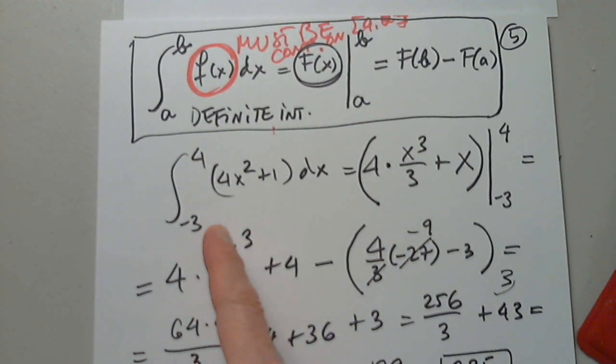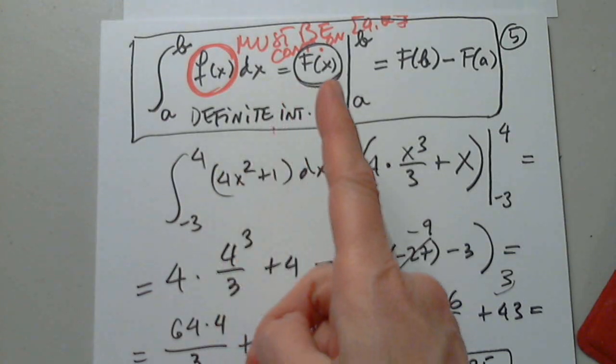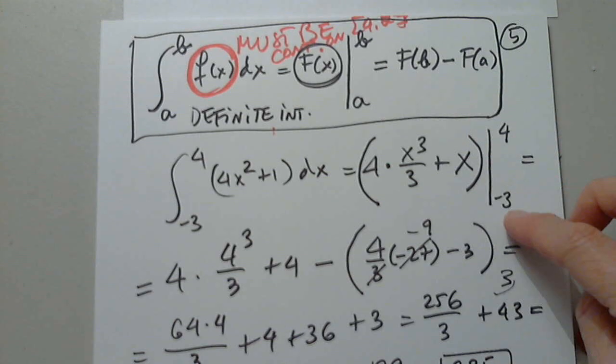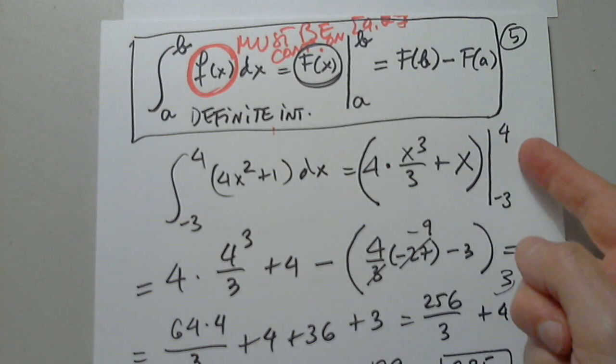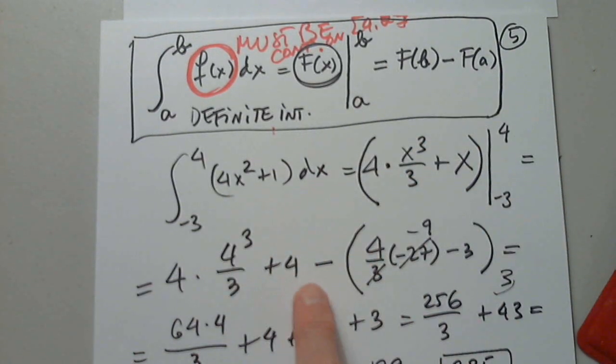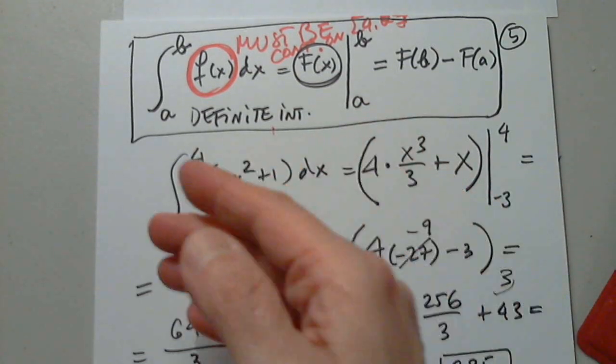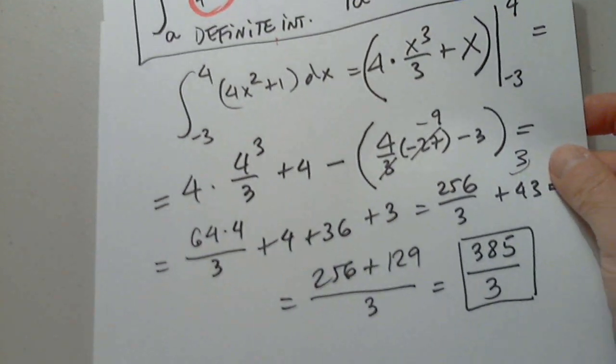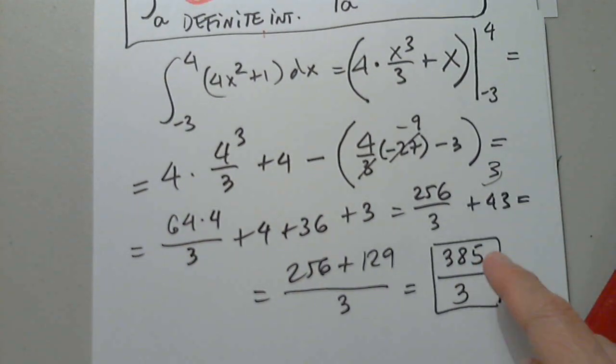So the definite integral, we found the antiderivative. We put in -3 to 4. We have to start by plugging in 4. We have to subtract when we plug in -3. We have to be very careful with these calculations. Very easy to make a mistake. Can I check? No. Can I check with the calculator? Yes.